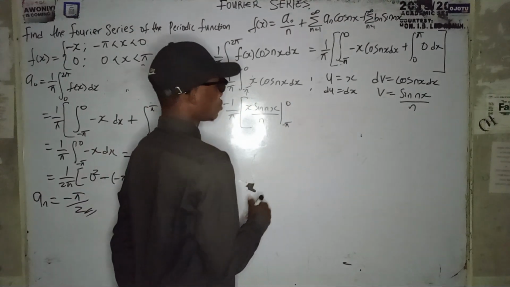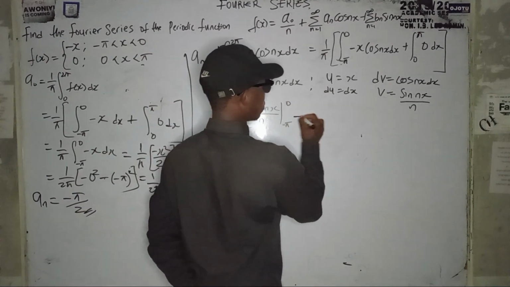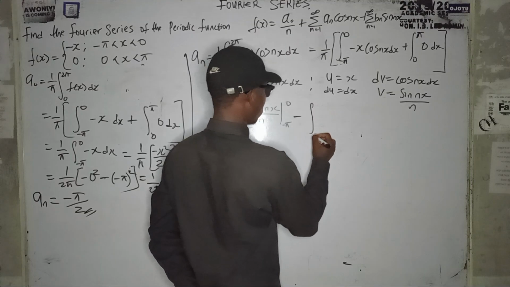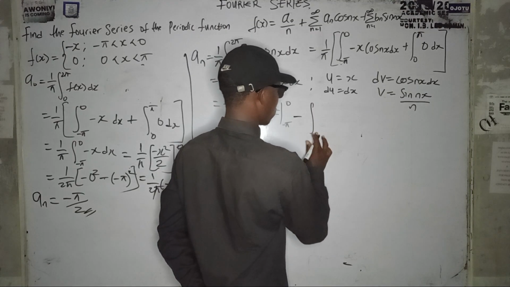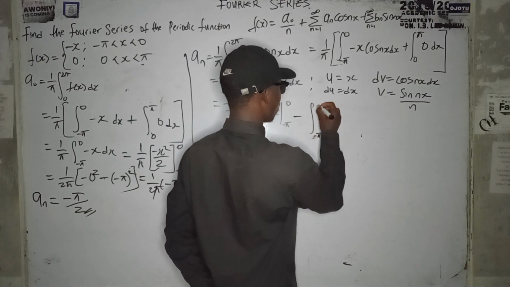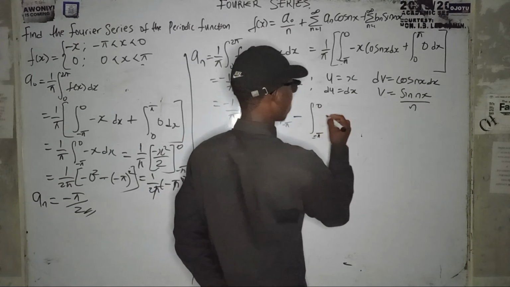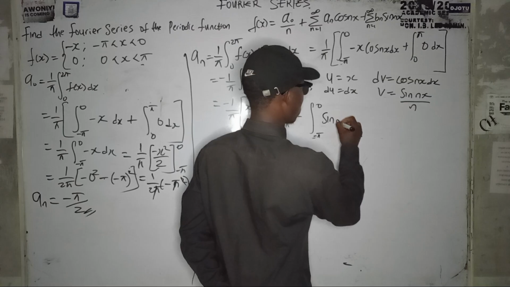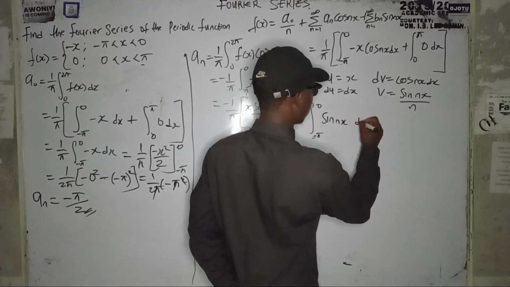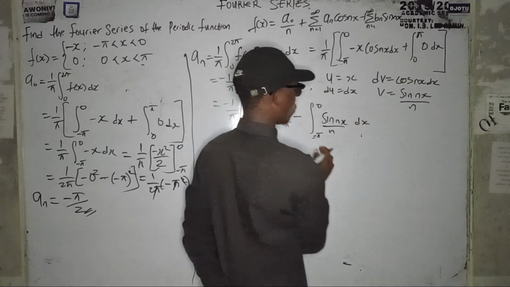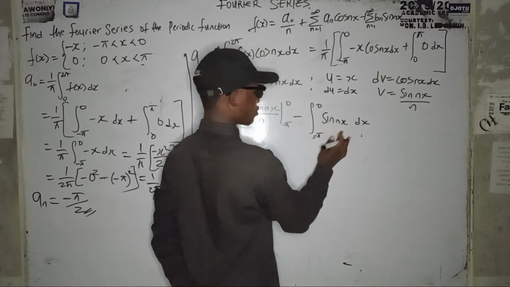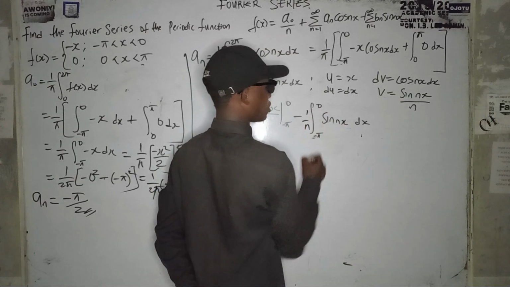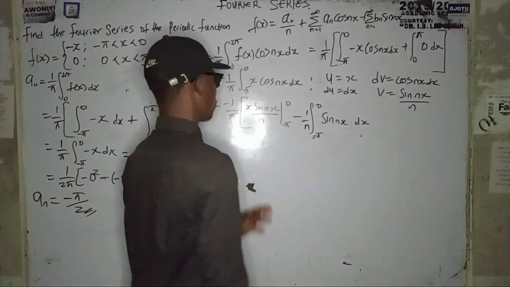Then we also have minus the integration from minus pi to 0 of v du, which equals sine nx dx over n. So this 1 over n can just come outside, we have minus 1 over n here. So therefore, we will finish it.